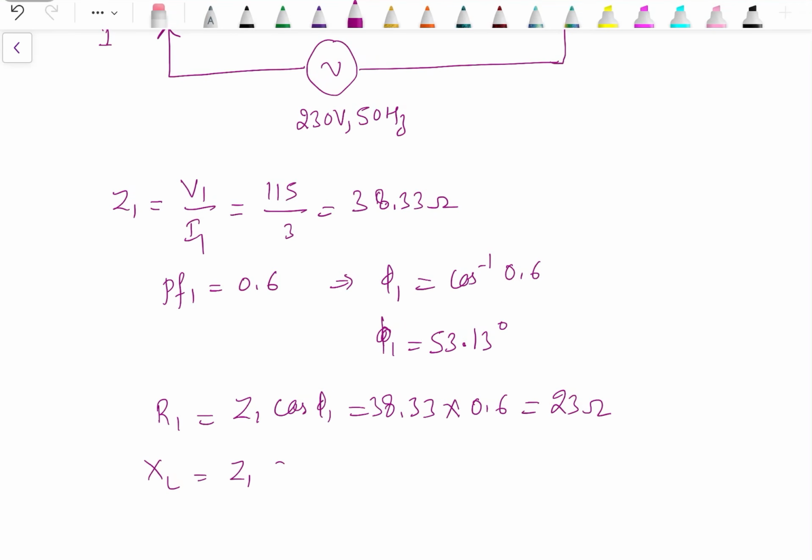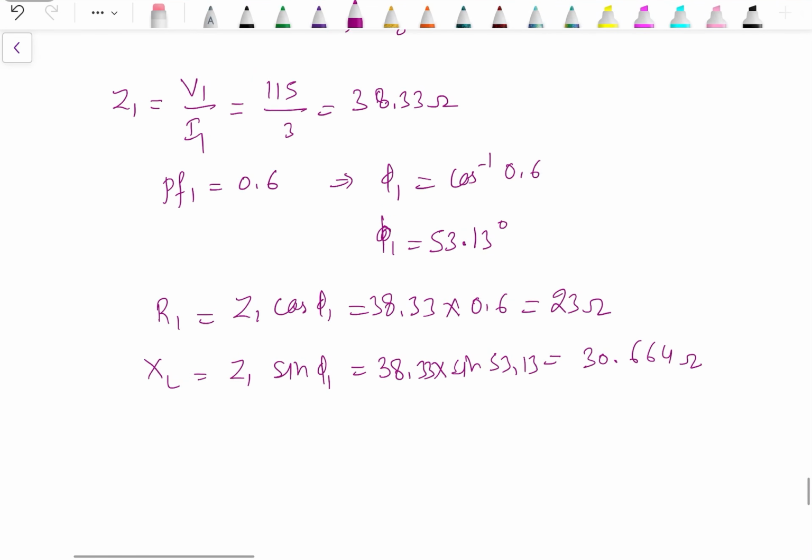XL is Z1 sin phi 1, 38.33 sin 53.13, that is 0.8. So this one is 30.664 ohm.